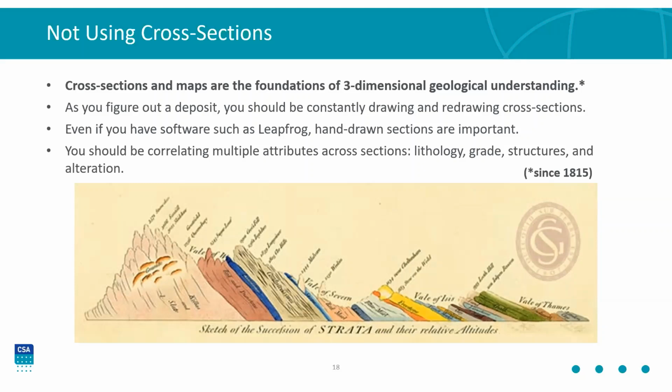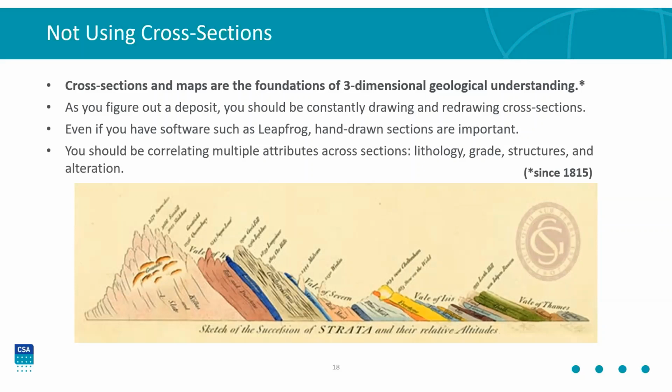And I believe that as you're working on a deposit and trying to figure it out, you should be constantly drawing and redrawing cross sections. You should almost have a portfolio of them. And that's even if you've got some of the newer software like Leapfrog, which makes three-dimensional modeling very easy. Hand-drawn sections are important for just testing out ideas and thinking about your geology.